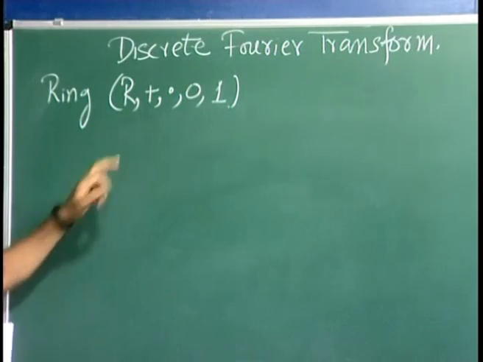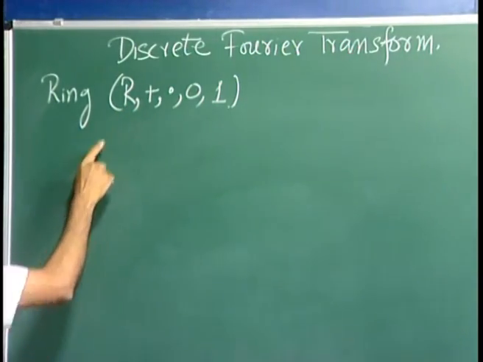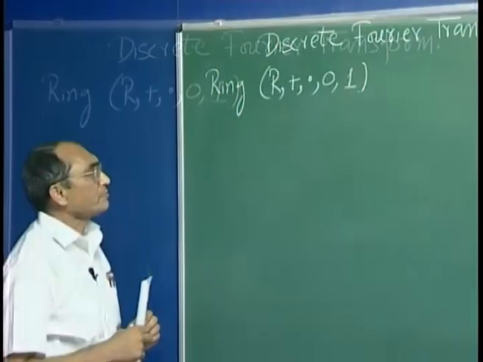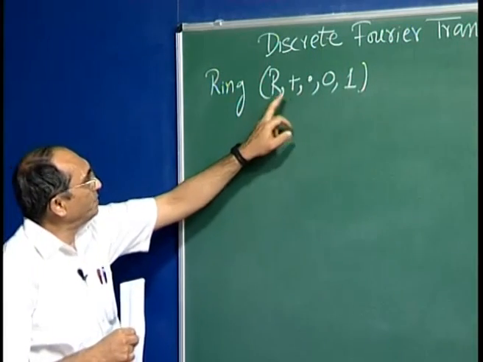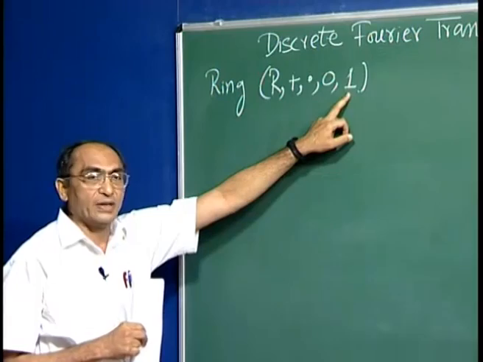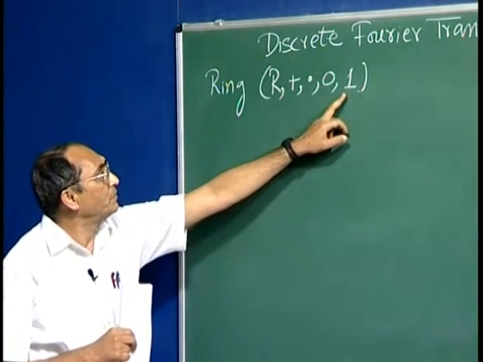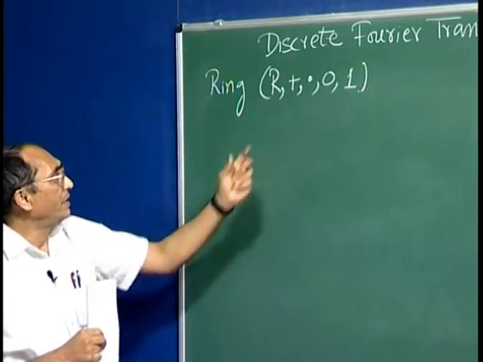So, you can have A and there is a negative A such that their sum is 0, A plus 0 is 0. With multiplication, one plays the role of identity. So, A times 1 is A, 1 times A is A because it is commutative.